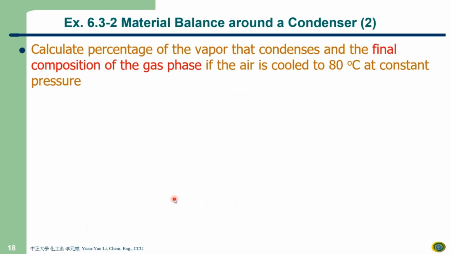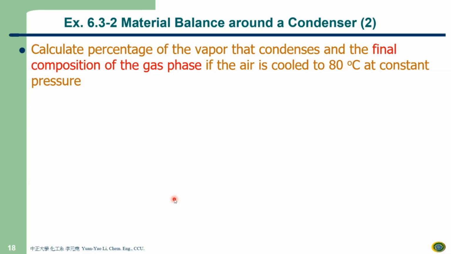Okay. The question 2 is: calculate the percentage of the vapor that condensed and the final composition of the gas phase if the air is cooled to 80 Celsius at a constant pressure. So we have constant pressure, and then we drop the temperature from 100 Celsius to 90 Celsius, the first drop of the water comes out. Once we continue to decrease the temperature to 80 Celsius, you will have more water, right?